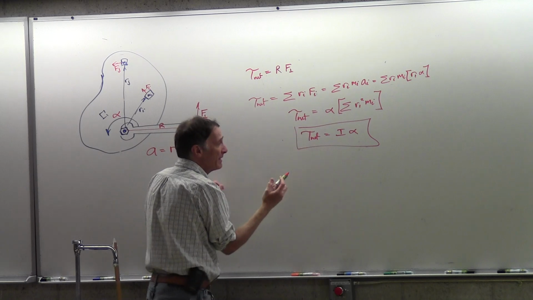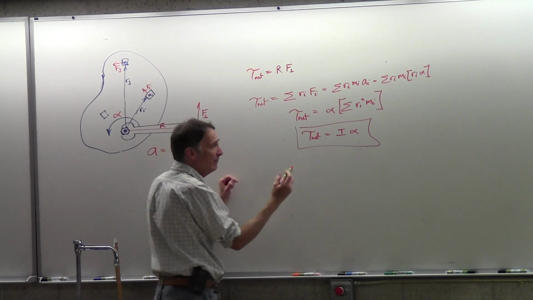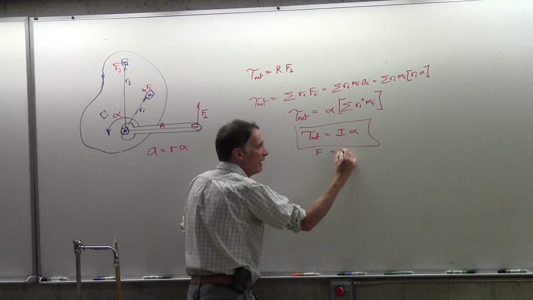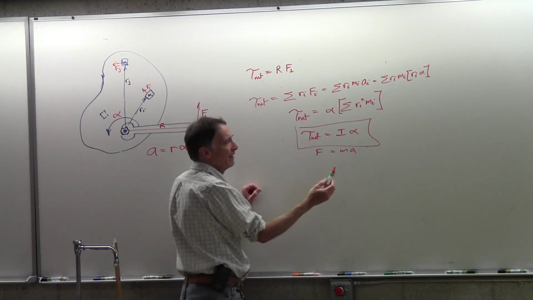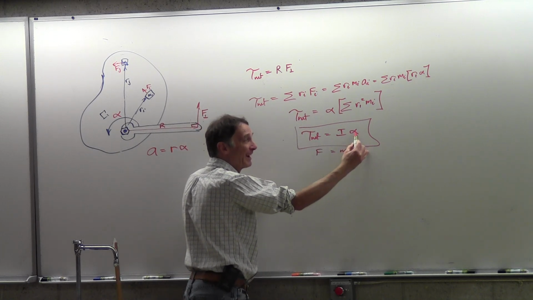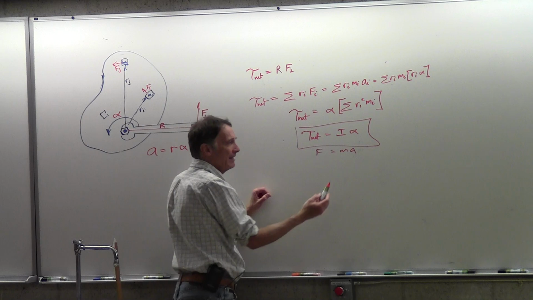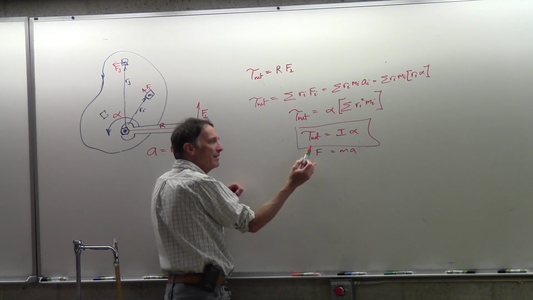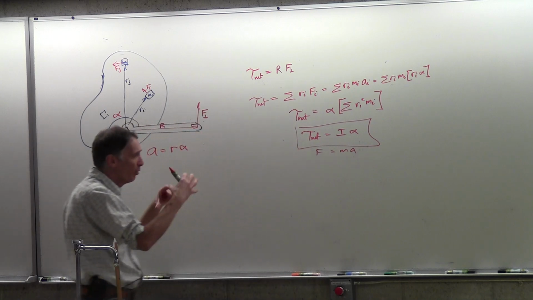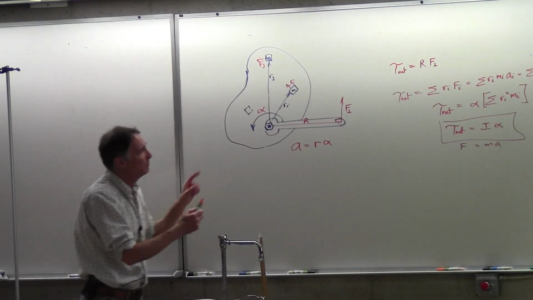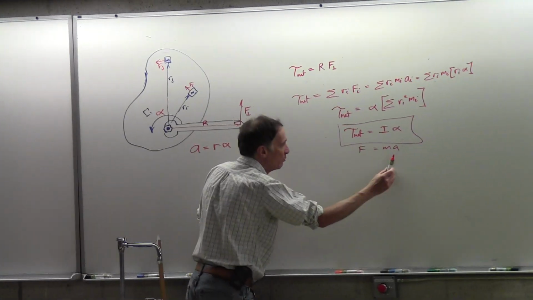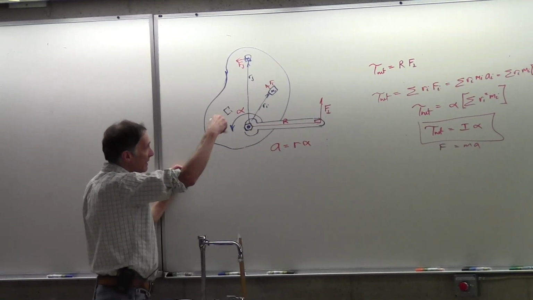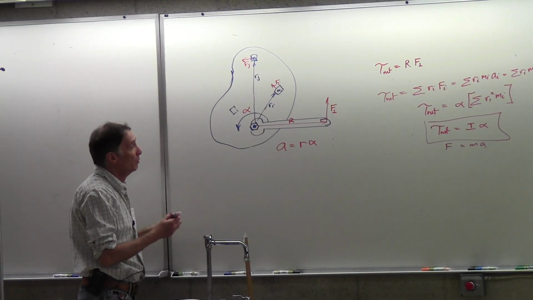This is very similar to F equals ma. Instead of the acceleration, we've got the angular acceleration. Instead of the mass, we've got the rotational inertia, and instead of the force, we've got the net torque. So this plays the same role as F equals ma as far as getting this thing to move.